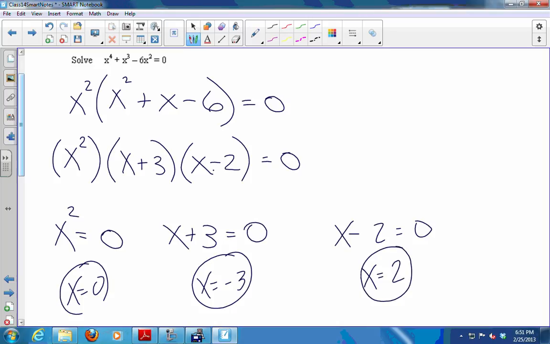So we can solve equations that have degree higher than 2, that have an exponent on x higher than 2, only if we're lucky enough to be able to factor it. As of now, we will eventually be able to do lots more of them.